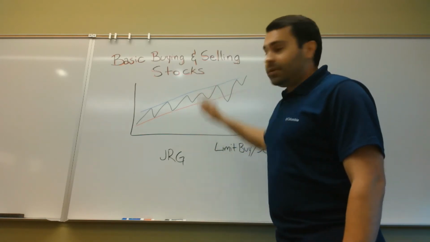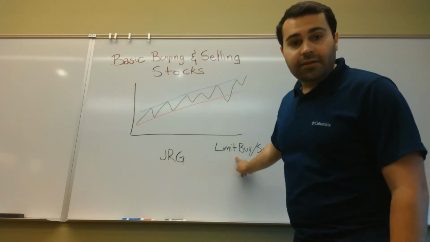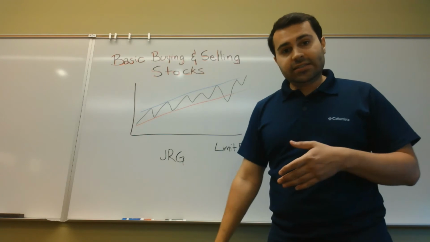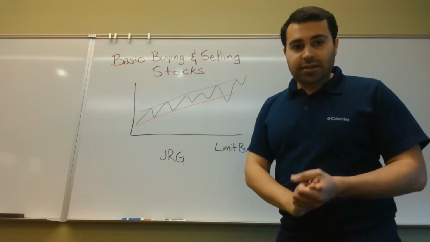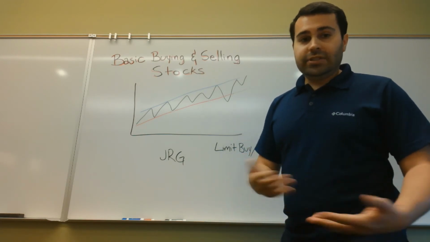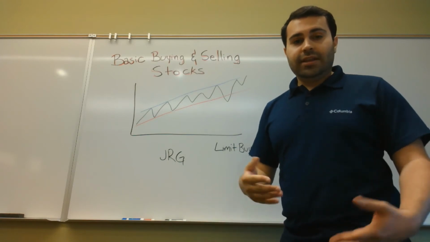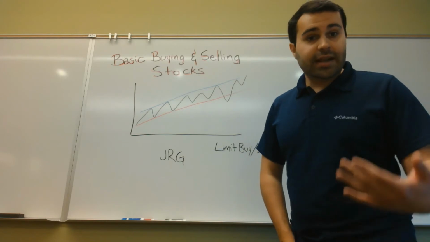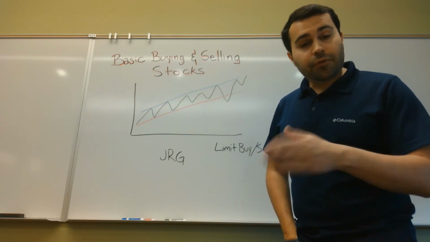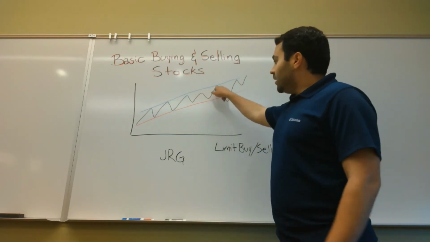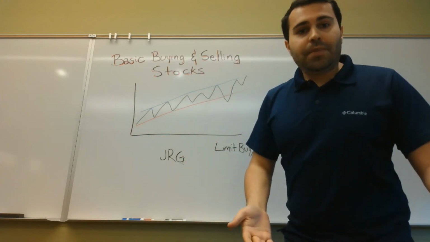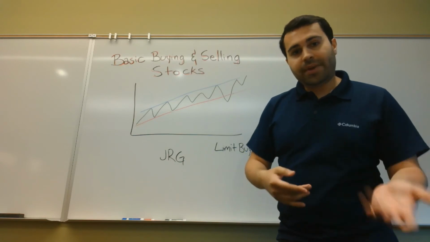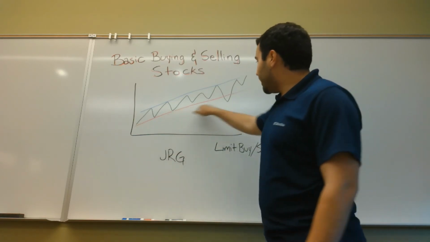So I'm going to set my limit sell for $40. Once it hits $40, I'm going to sell the 10 stocks and I'll have made $10 profit per stock. For 10 stocks, that's $100 that I made, buying at $30 and selling at $40. So that's how I would go about predicting the price, and when I want to buy and sell, based on a trend.